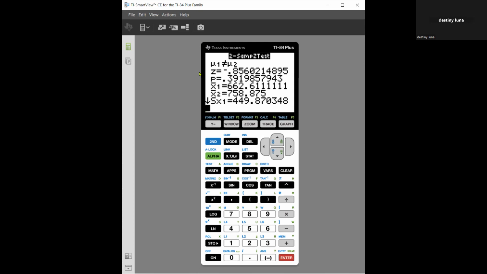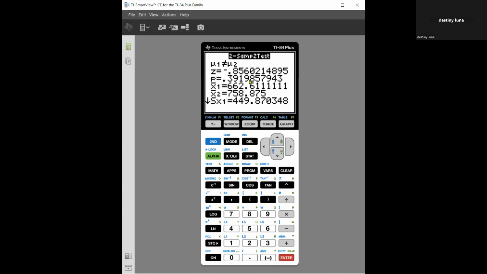Now, the next thing you see is a p-value on the next line. 0.3919, there's an 8 after it, so this is going to round to 0.3920.